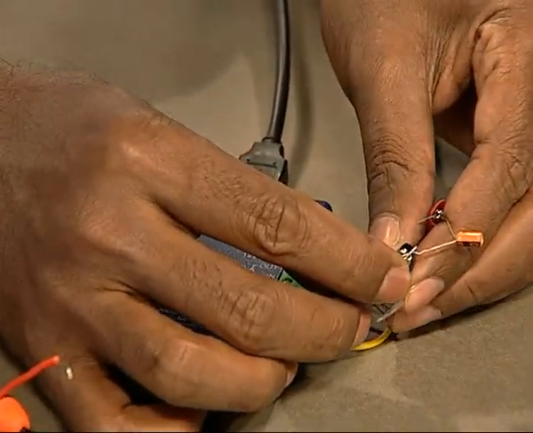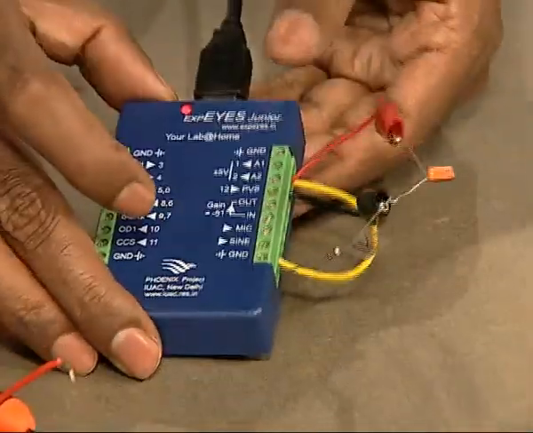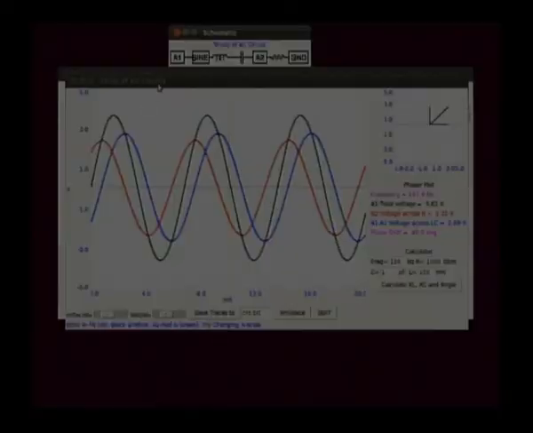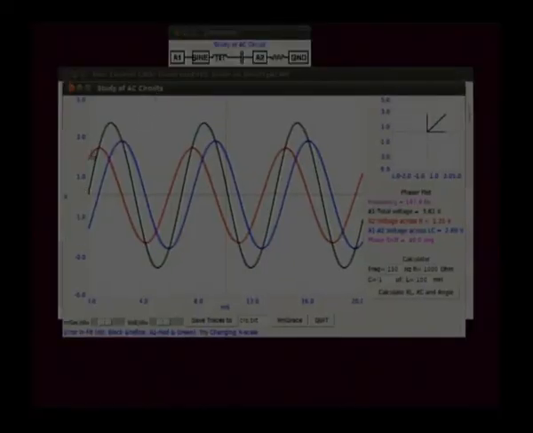And so if you look at the screen, there are 3 traces on the screen. The black trace is the applied voltage, the total voltage, and the red one is the voltage across the resistor, and the blue trace is the voltage across the capacitor.